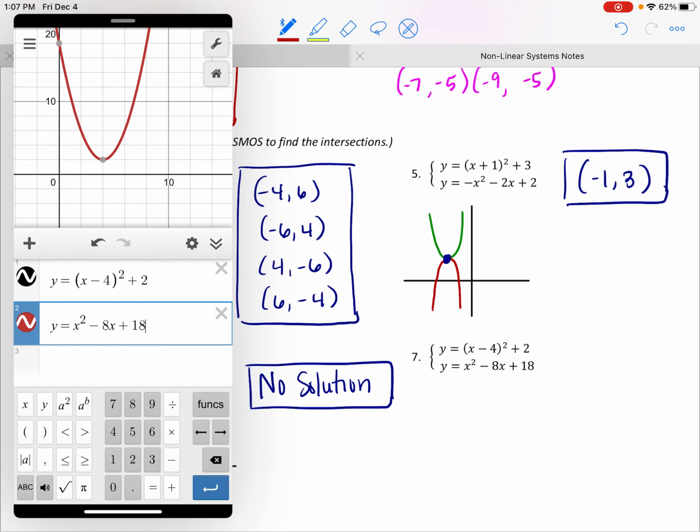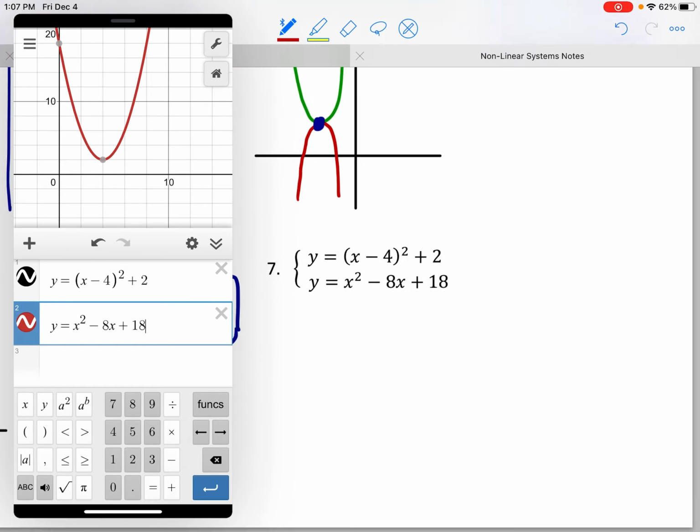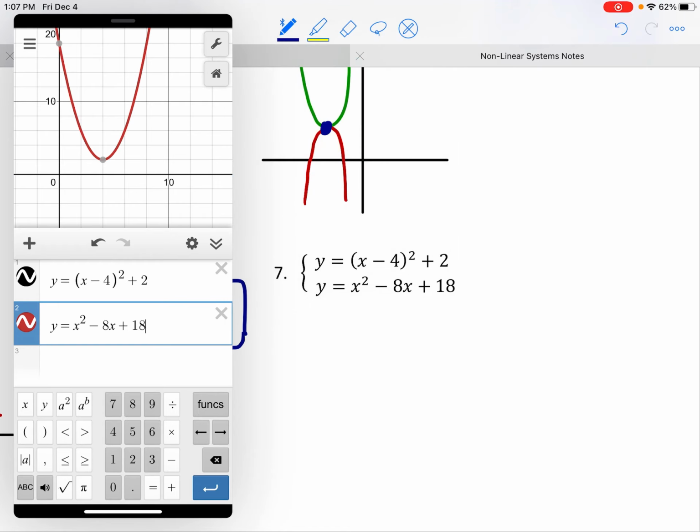And same exact parabola. If we were to distribute the (x minus 4) squared and then add 2, we're going to end up with this one. It's the same equation twice, just one's in vertex form and one's in standard form. So if it's the same parabola twice and they're intersecting, or technically overlapping, at every single point, then there are infinitely many solutions.